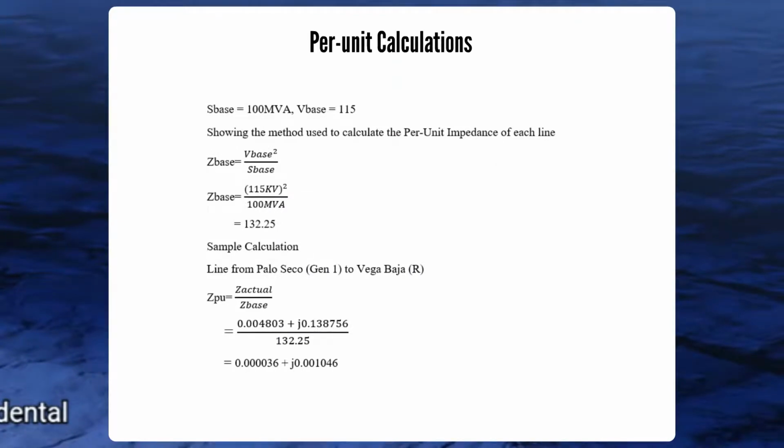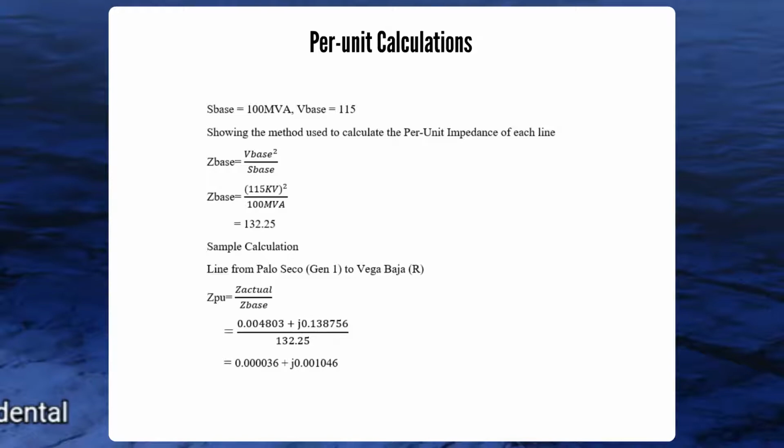Now, in continuing the presentation, this calculation shows the method used to calculate the per unit impedance of each line. This calculation speaks specifically to the Palo Seco generator 1 to the Vega Baja transmission line. Now, the actual impedance was already available, and we had to calculate the base impedance.